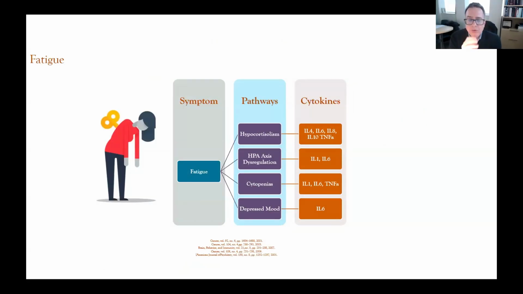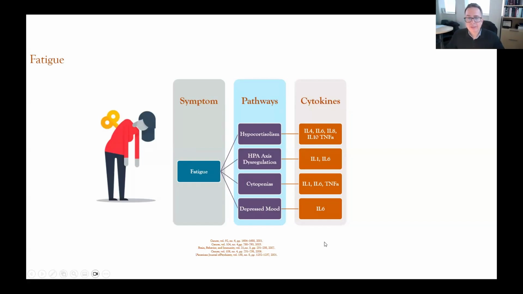I'm going to take you quickly through some of the symptoms and how we think about it. So here's the most common and worst ranked symptom, fatigue. There are multiple biologic aspects that contribute to fatigue. And this is probably incomplete, but having low cortisol levels, having deregulation of your hypothalamus and your adrenal glands, low blood counts, depressed mood, all mediate fatigue and can all be in some form or fashion linked to upregulation of specific cytokines, as I'm showing you here.